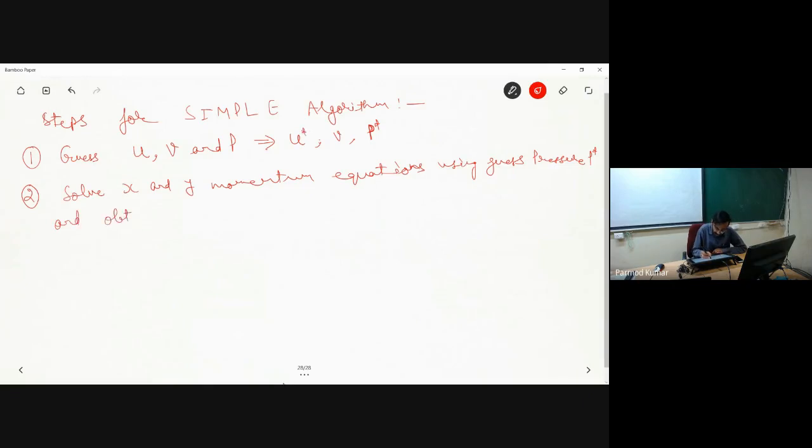Let me put it over here. And what will we obtain when we solve the x and y momentum equations? U and V. But these will be nothing but my U star and V star, because these correspond to the guessed pressure P star.